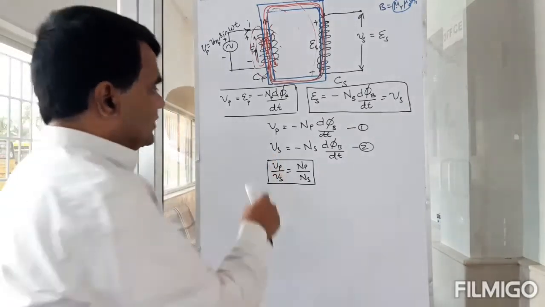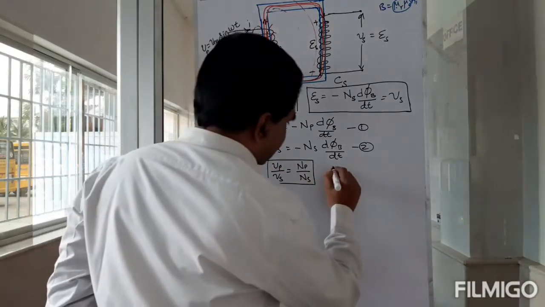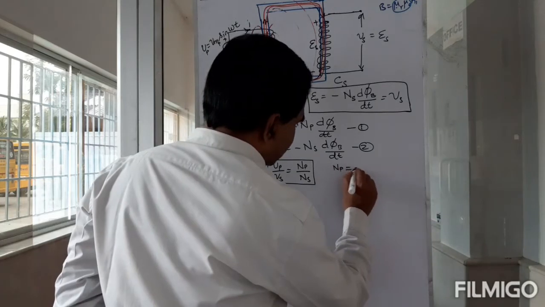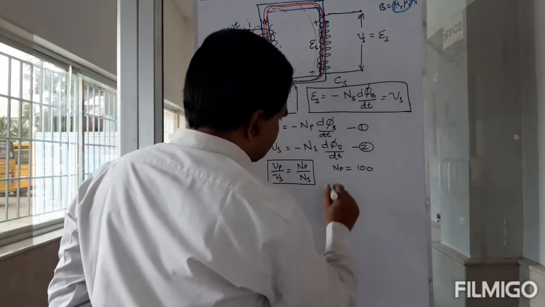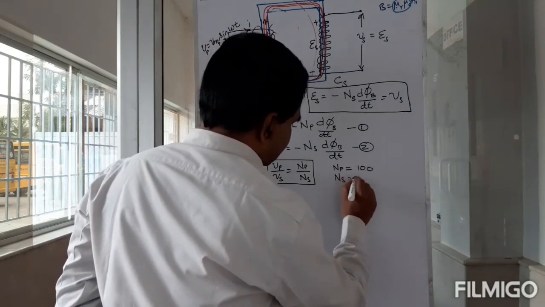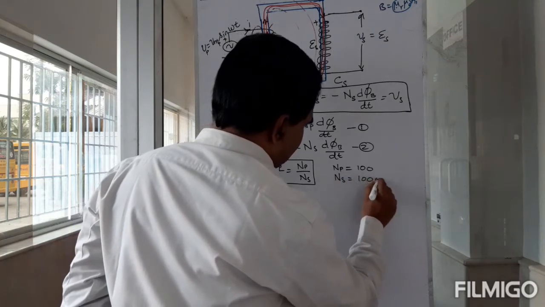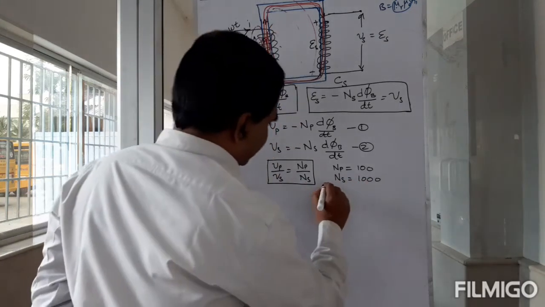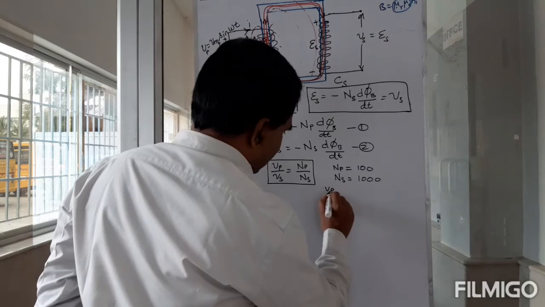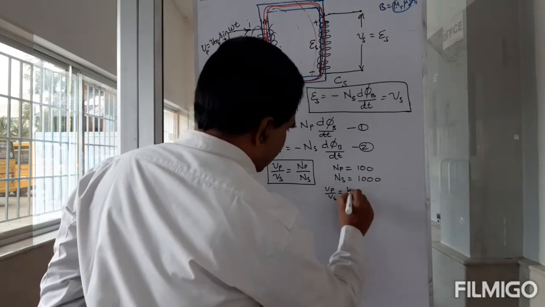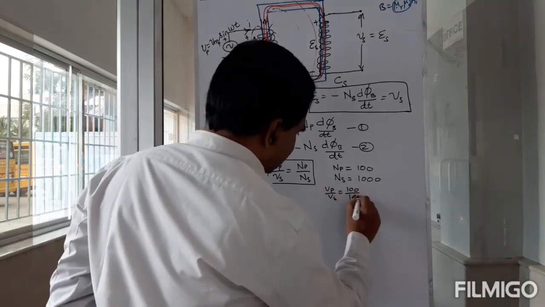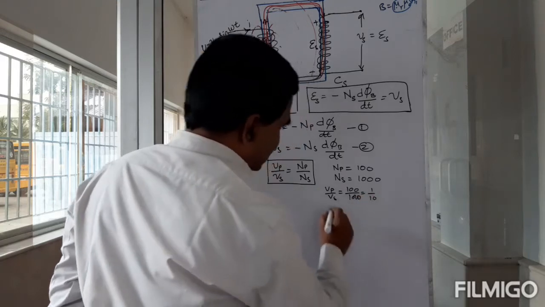So for example, if the primary Np is say 100 turns, and the number of turns here is equal to 1000, then clearly Vp by Vs here is going to be 100 by 1000, which is 1 by 10. So what's Vs?